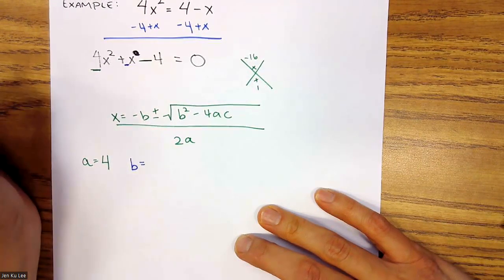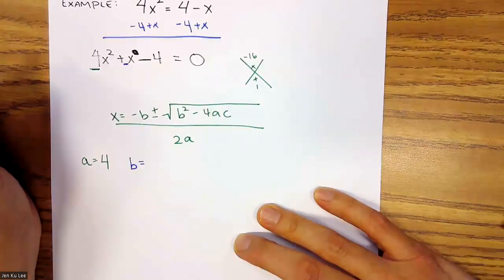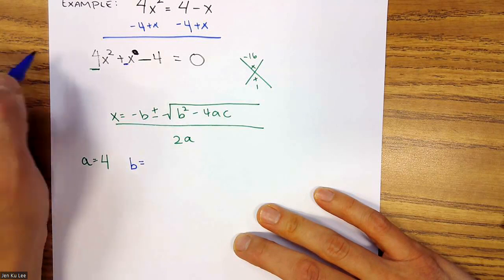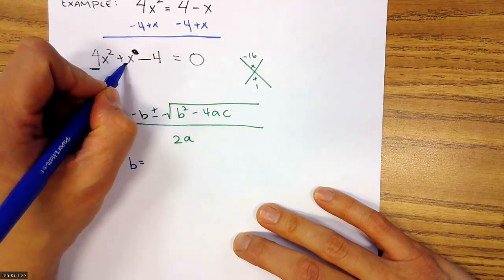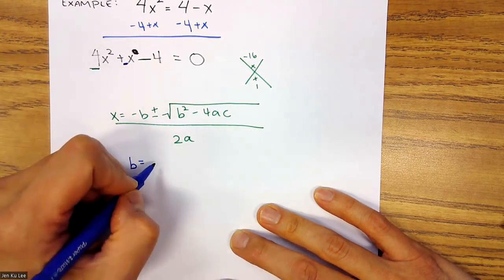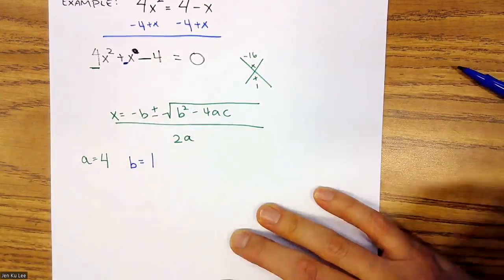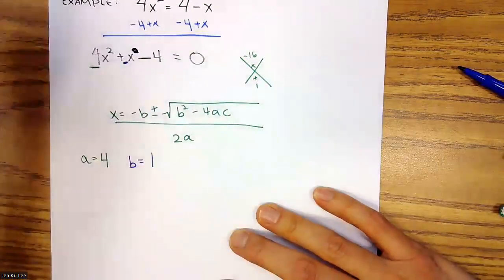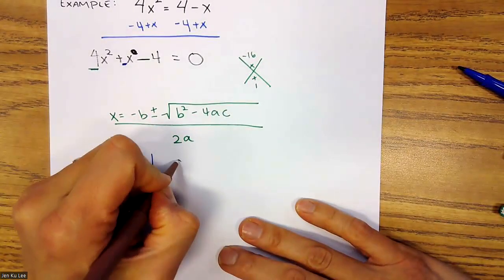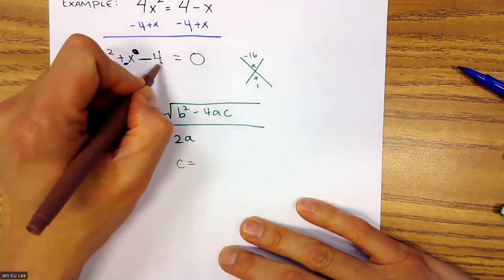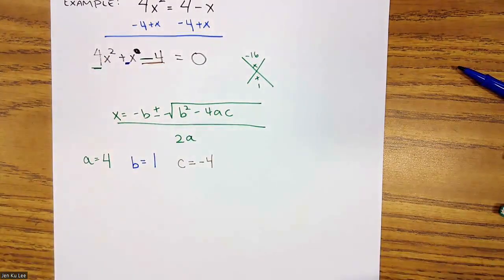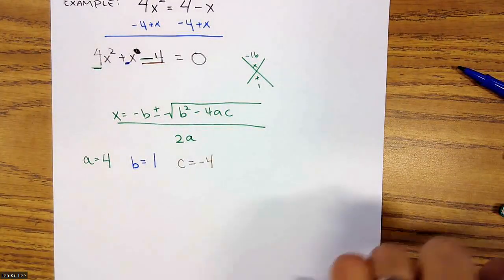There's no number there, but there's an x present. So what is this invisible number? Yeah, 1, right? And then my c value will always just be the constant, which is negative 4. You take that sign with it.